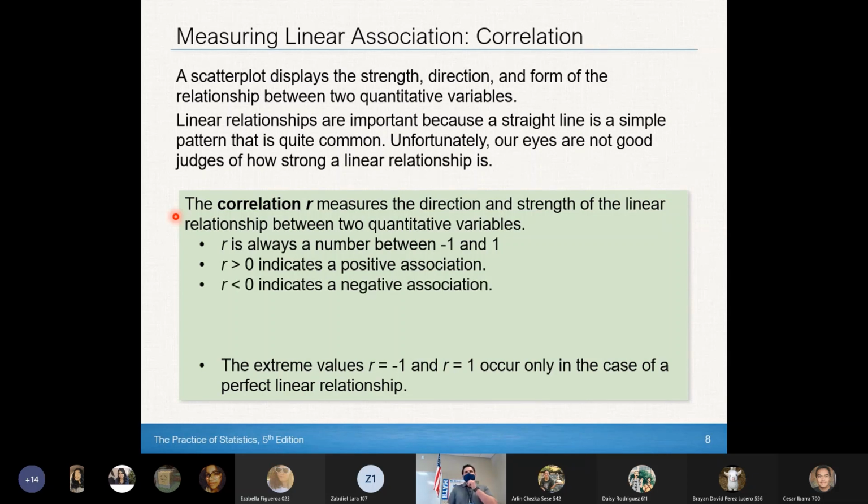When r is negative, this indicates a negative association, a negative slope to the line. Values of r near 0 indicate a very weak linear relationship. Think of a line with slope 0 as just a horizontal line.